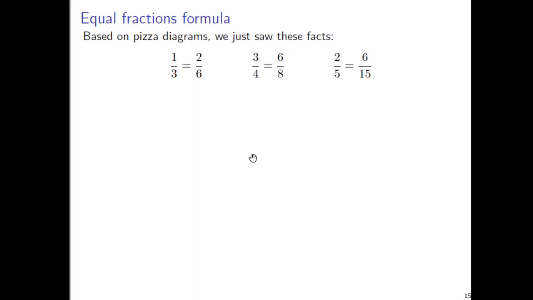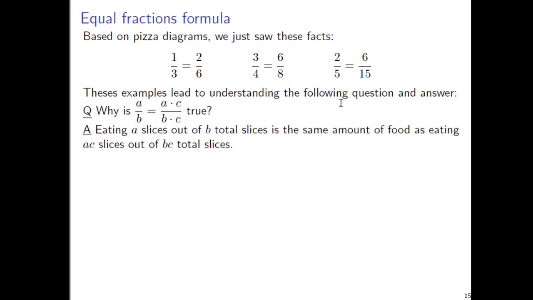The pizza diagrams we just looked at showed us that 1/3 equals 2/6, and 3/4 equals 6/8, and 2/5 equals 6/15. So these are just examples, but they lead to the following question and answer. That is, why is A over B equal to A times C over B times C true? The reason this is true actually applies this interpretation of fraction. A over B is eating A slices out of B total slices.